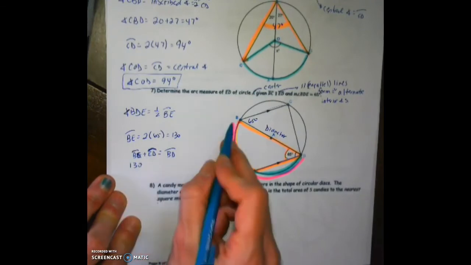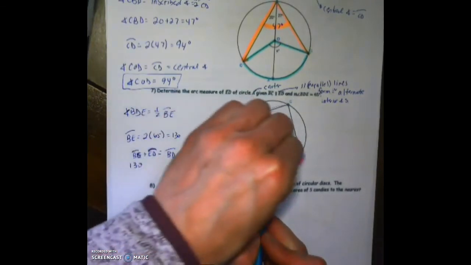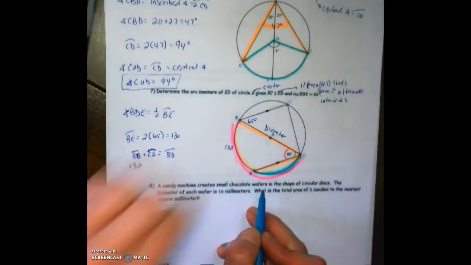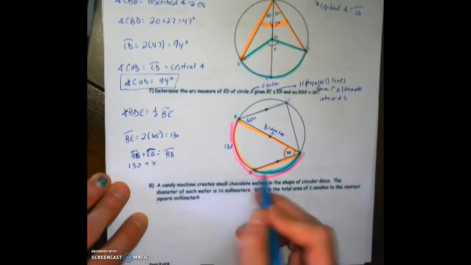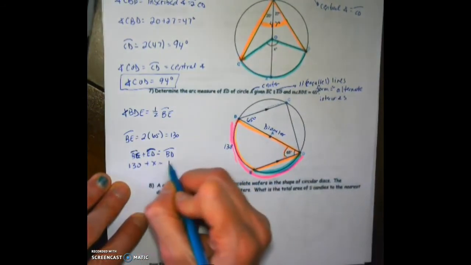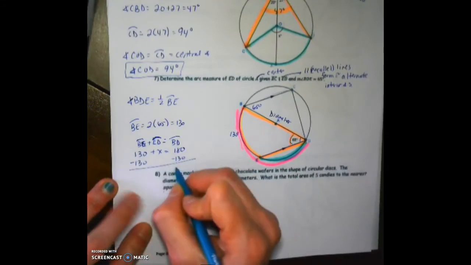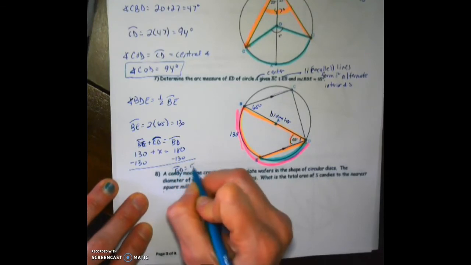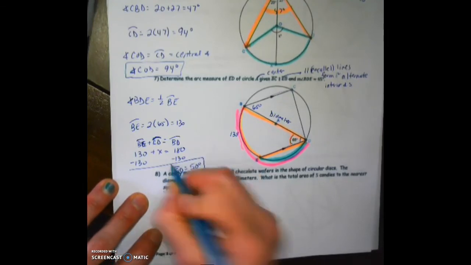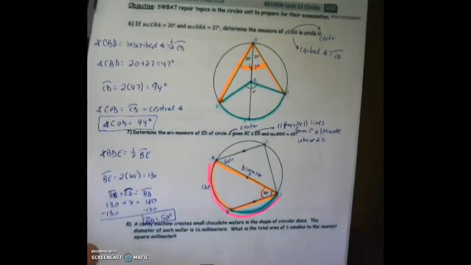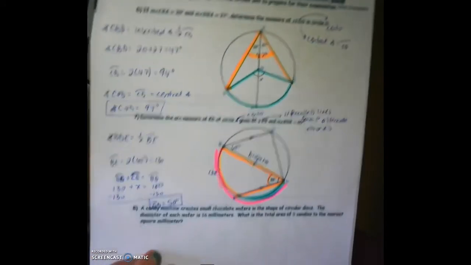Arc BE is 130 degrees because the inscribed angle is half of that arc, plus arc ED is going to give us 180 degrees. So 180 minus 130, we're going to get arc ED to be 50 degrees. Let's finish number 6 and number 7, and now we're off to number 8.